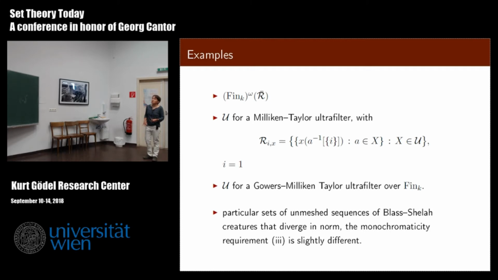Then you can do this generalized thing here, Gauss-Milliken-Taylor ultrafilter, which is like a stable ordered union ultrafilter, but the generators are closed under the Tetris operation. And then, not under the Tetris, under the TFUK generation, you don't want to lower.